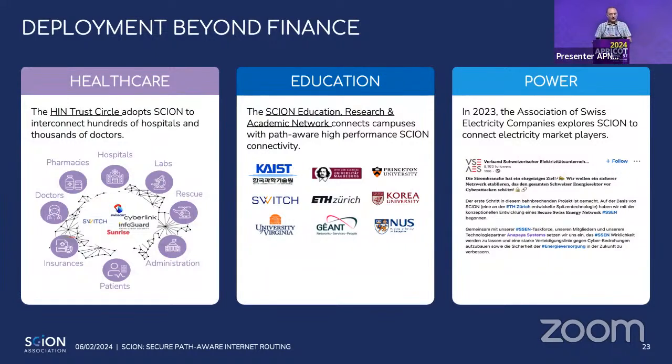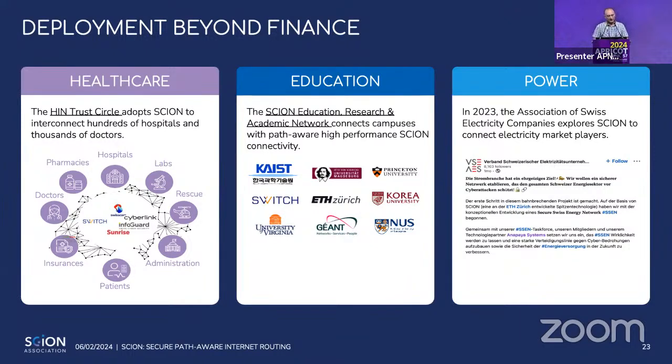You've also got the Swiss healthcare network has adopted this and is using this to interconnect some hospitals and doctors' surgeries. There is an active education network, using Géant as the backbone, but it does have connections out to Korea and the National University of Singapore as well, I believe.